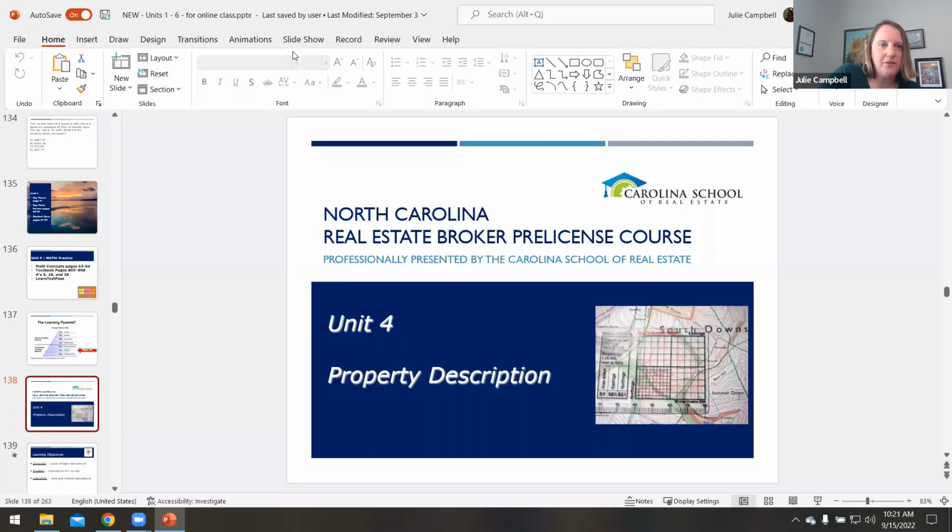And where we're heading next, while I'm getting this, is we are getting ready to start on Unit 4. So if you guys want to go ahead and find that in your book, Unit 4 starts on page 71. And Unit 4 is our property description. Property description.